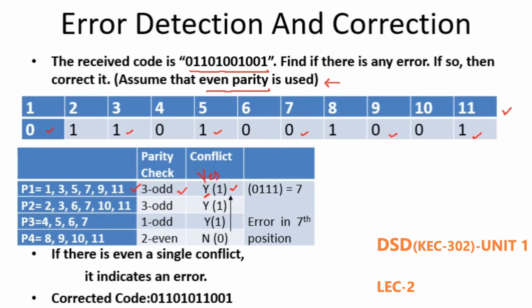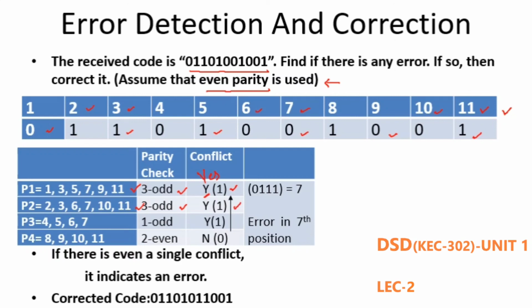Similarly for P2, 2, 3, 6, 7, 10, 11. If I check these combinations, I can see that again there are 3 ones. 3 is odd, so there is a conflict, denoting this conflict by 1.